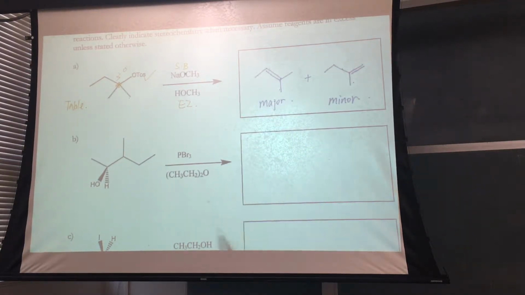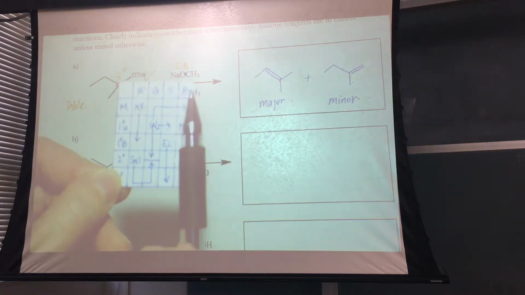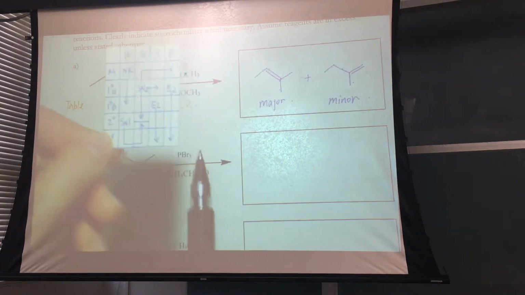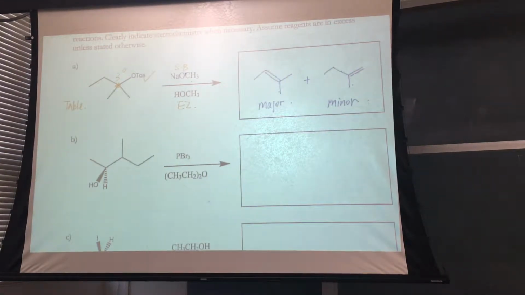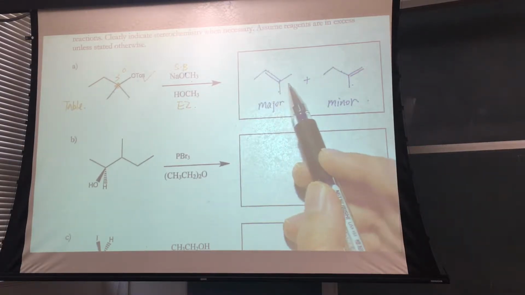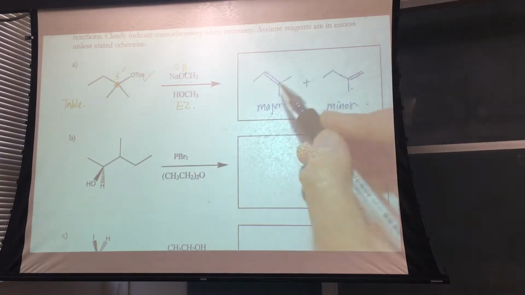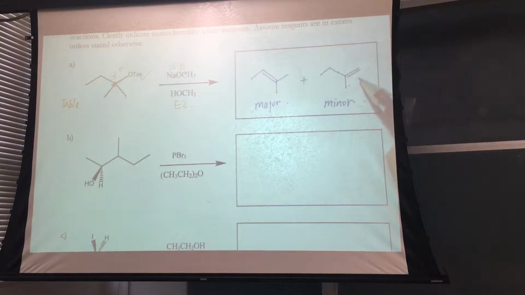If it's bulky base, which means it's the last column on the table, it's still going to be E2. But this one is going to be the major product. Because your base is bulky, the base cannot go to the center carbon that easily, or the hydrogen next to the center carbon. The bulky base is going to grab the first hydrogen it can see.